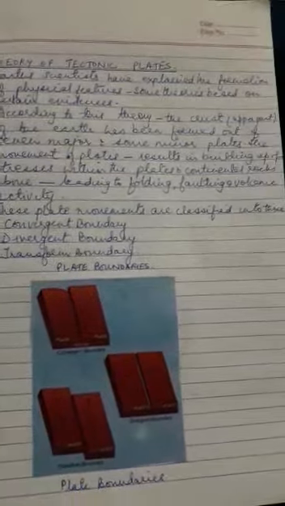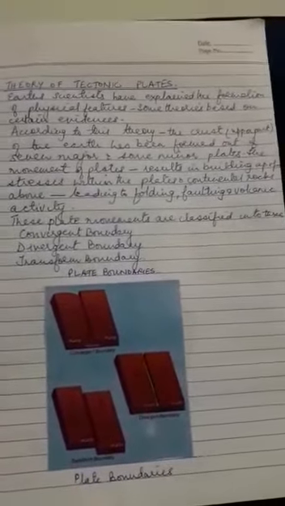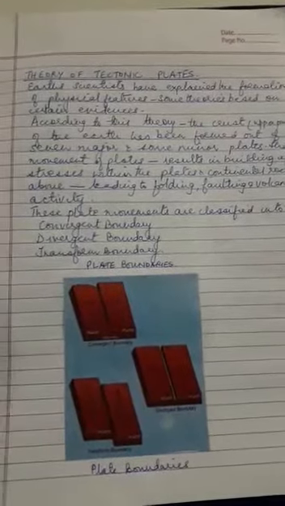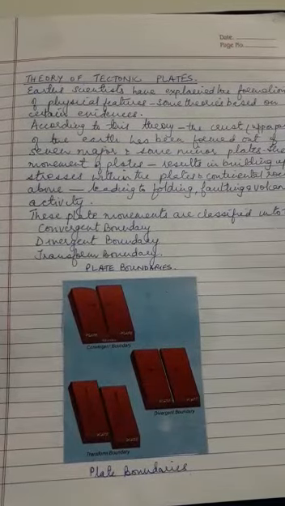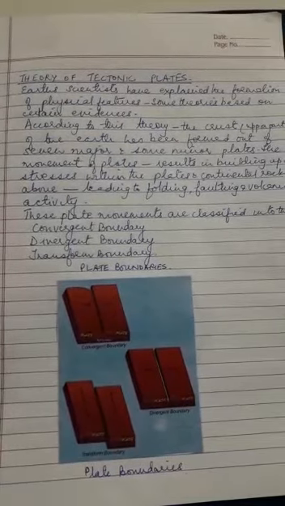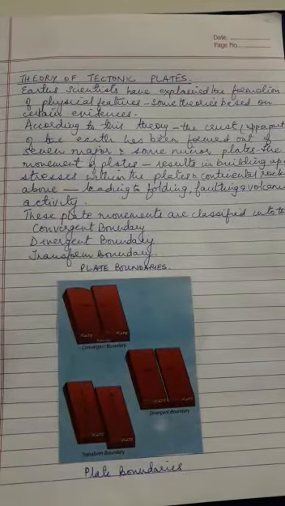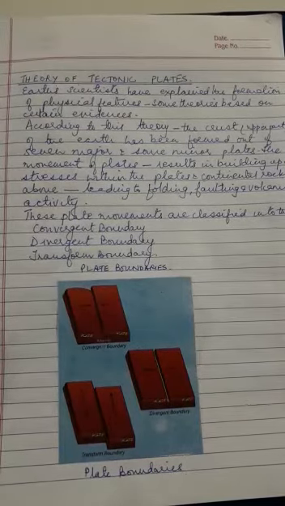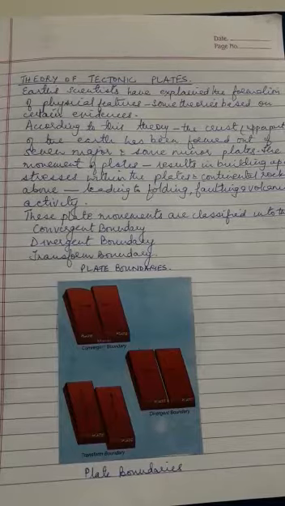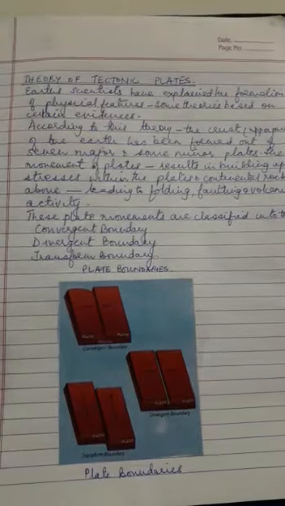The earth scientists have explained the formation of physical features, and some of these theories are based on certain evidences also. According to this theory, the crust, that is the upper part of the earth, has been formed out of 7 major and some minor plates.